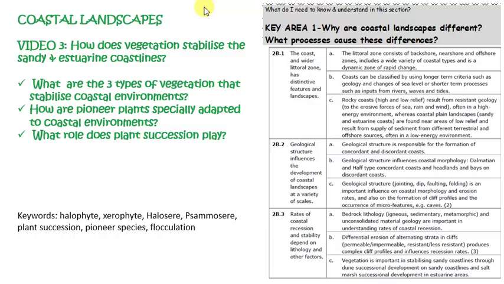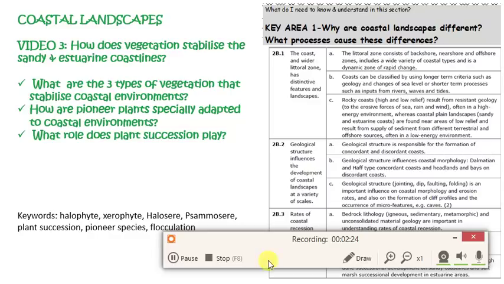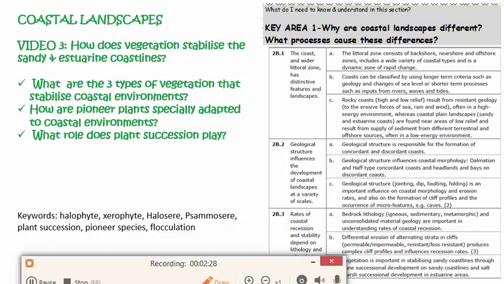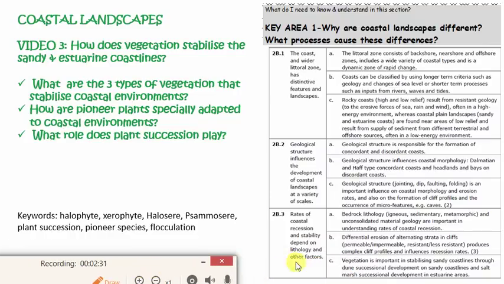We're going to have a look at a few of them. So, if we'll just have a look at the spec. We've nearly finished Key Area 1, folks, of course, which is good going at this stage. But we're going to look at cliff profiles in more detail in later lessons. This is just going to finish off Key Area 1. Vegetation is important in stabilising sandy coastlines through sand dunes and saltmarsh in estuarine or estuary environments.